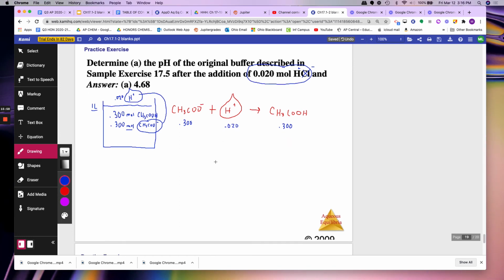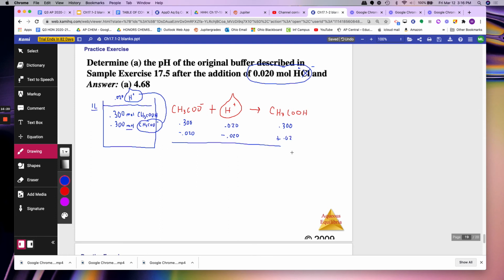Okay? You're going to use all of it. All of it will be attacked by the conjugate base. So you will use that same amount of your conjugate base, and you will add the resulting conjugate acid because it's going to turn into this. So minus, minus to the plus.